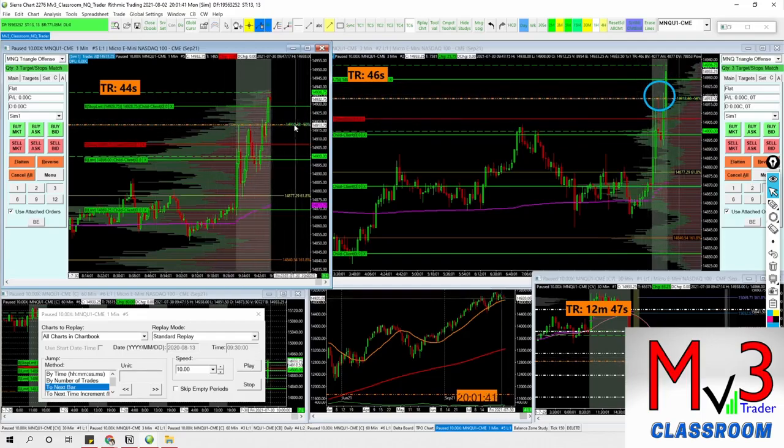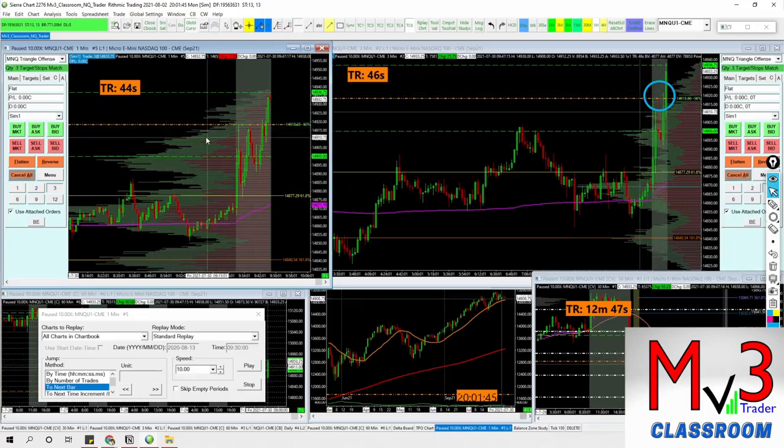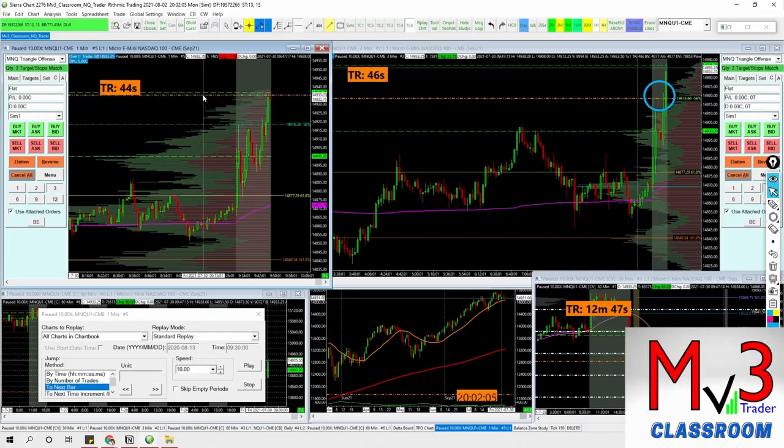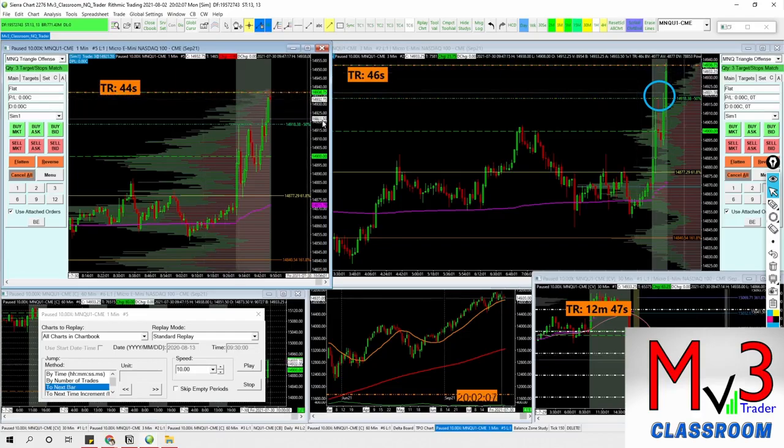Now this zone right here is no longer valid, so we can go ahead and cancel that order. We can get that order out of the way, and we can start looking at this level now. So at this level, do we have anything? There we go. All right, let's check it out.